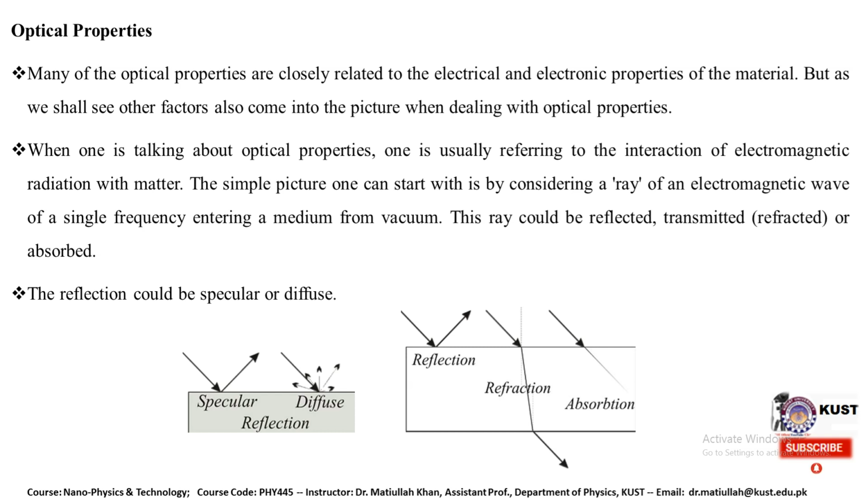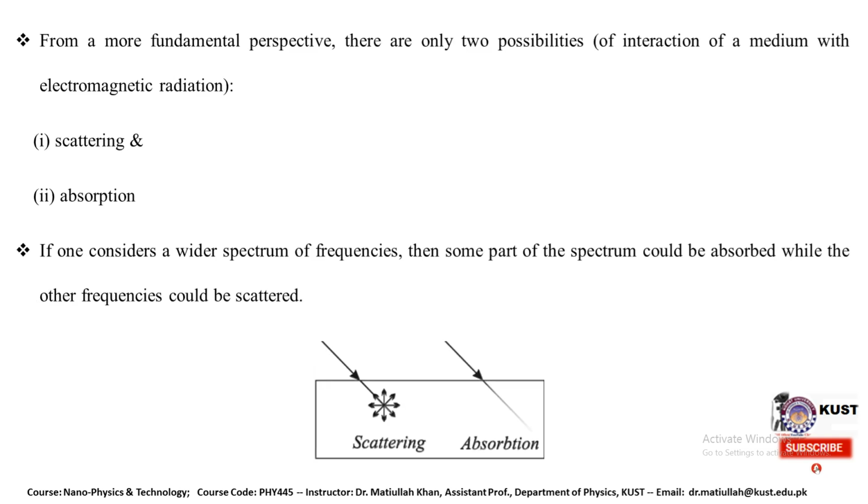In general, the interaction of electromagnetic waves with matter is divided into two basic categories. There are two possibilities when electromagnetic radiation interacts with the medium or with matter. The first process is scattering, and the second is absorption.